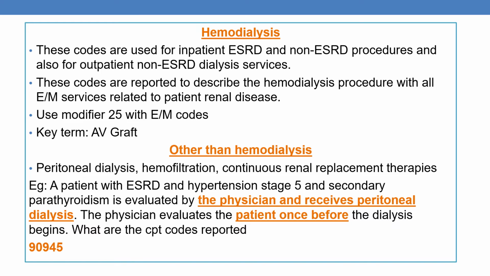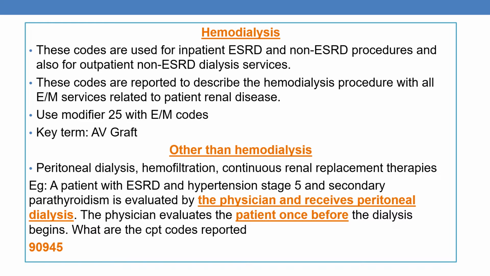These codes are reported to describe the hemodialysis procedure with all E&M services related to the patient's renal disease. These codes can be coded along with the E&M codes, and here you need to use the 25 modifier on the E&M codes. And the key term whenever we see a hemodialysis question is they will mention AV graft.